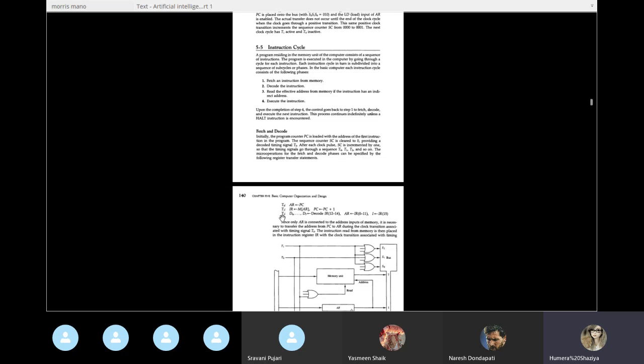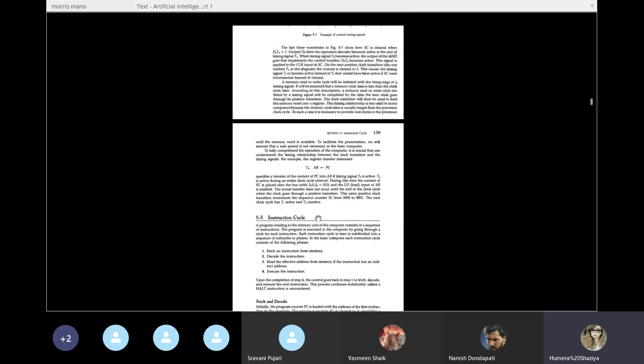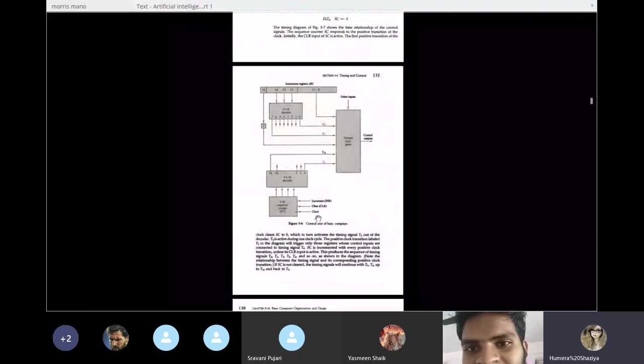T2 is given as timing signal for AR and for the decoder. The decoder will perform the decoding operation. Here you have a decoder.